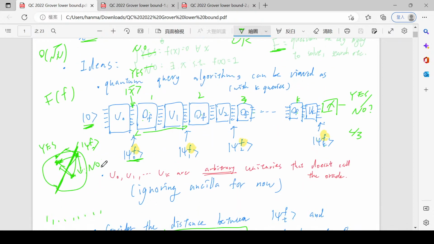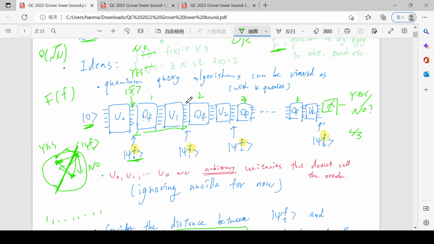So we have this mental picture: a Hilbert space where the algorithm starts somewhere. This is the starting point, and it doesn't depend on f. For whatever f, the starting point is the same. And as the algorithm evolves, different inputs, different small f, will give different trajectories in the Hilbert space.